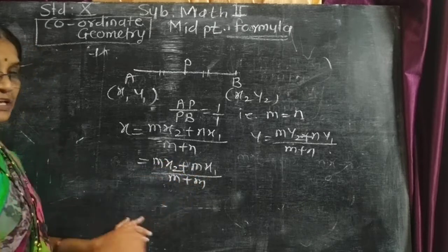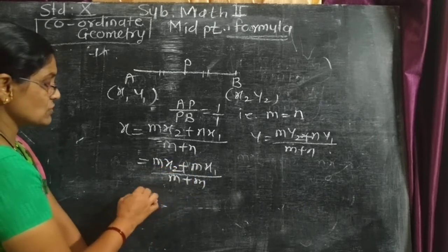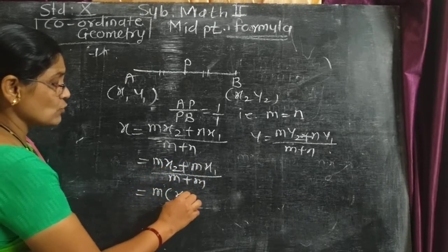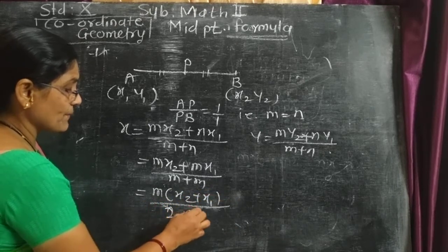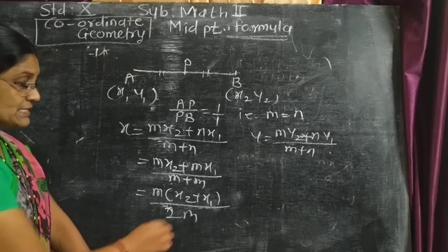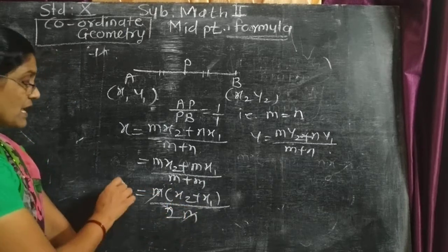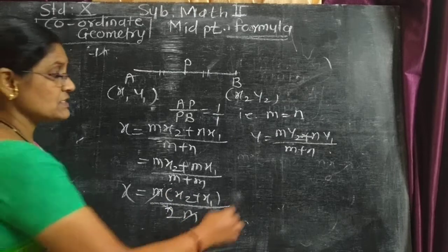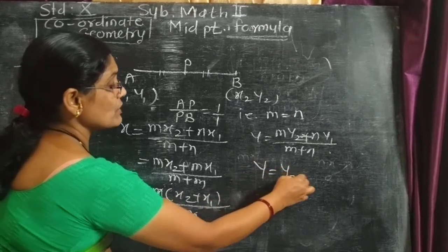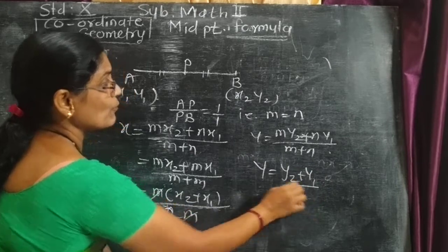Take out m as common: m times (x2 plus x1) upon 2m. This m and this m cancel, so the x coordinate will be x2 plus x1 upon 2. In the same way, the y coordinate will be y2 plus y1 upon 2.